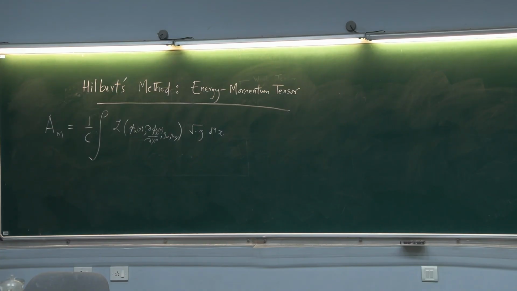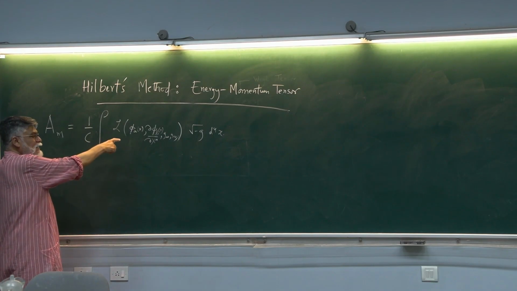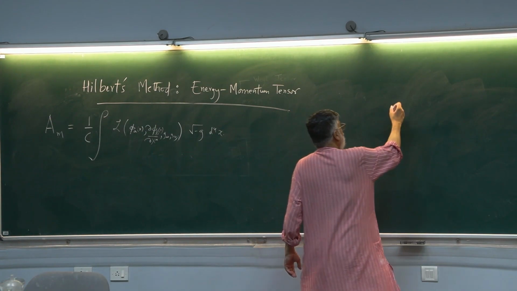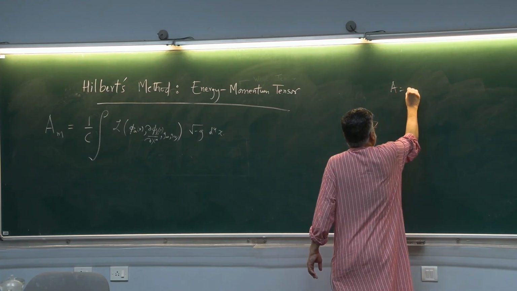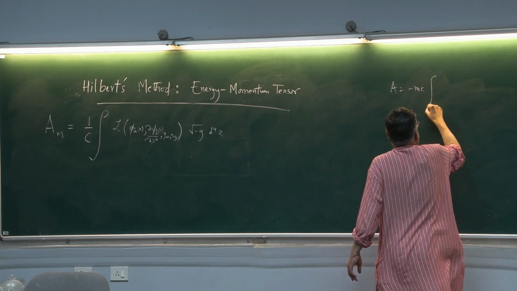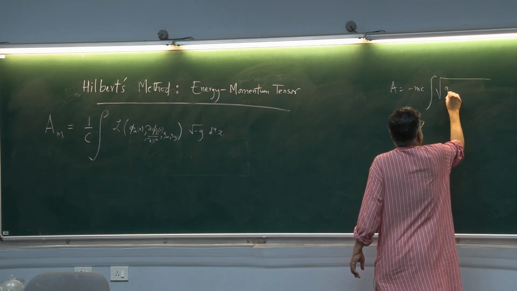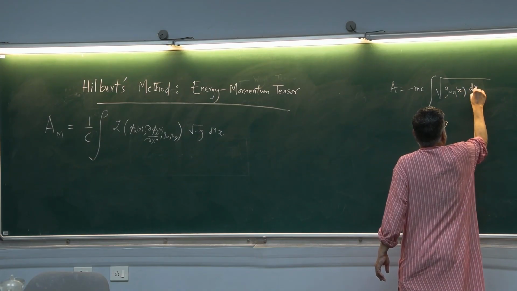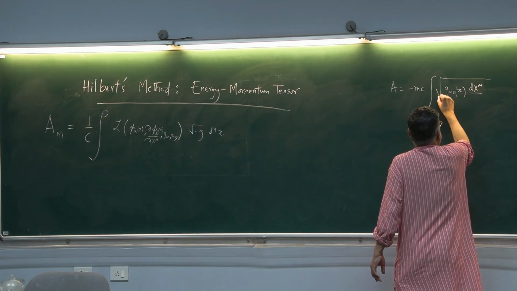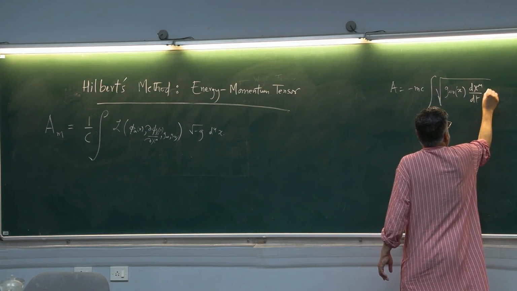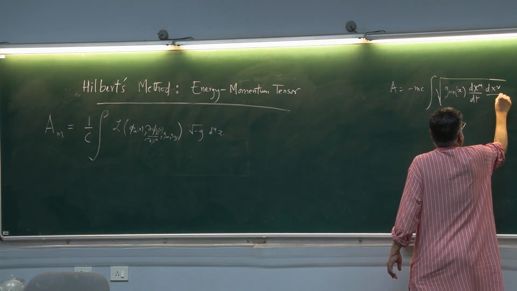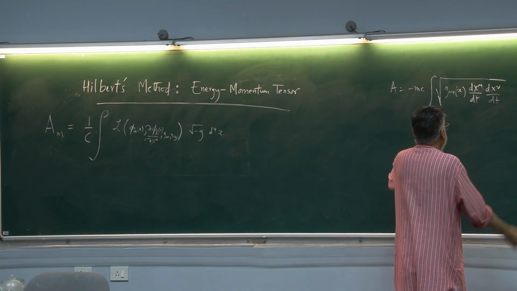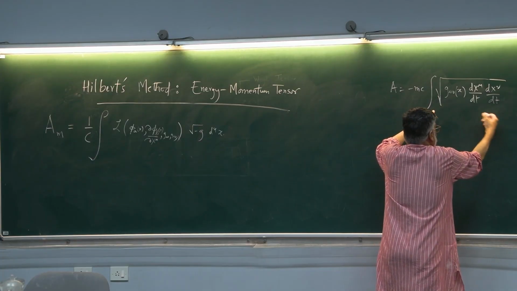By the way, you can ask: does it work for the point particle? The answer is yes. The point particle also works, because the action for a single point particle is minus rest mass m c times the integral of the square root of g mu nu dx mu dx nu, which I can write as dt, some coordinate time, times dt. Alright. So this is my action, and therefore this is my Lagrangian.